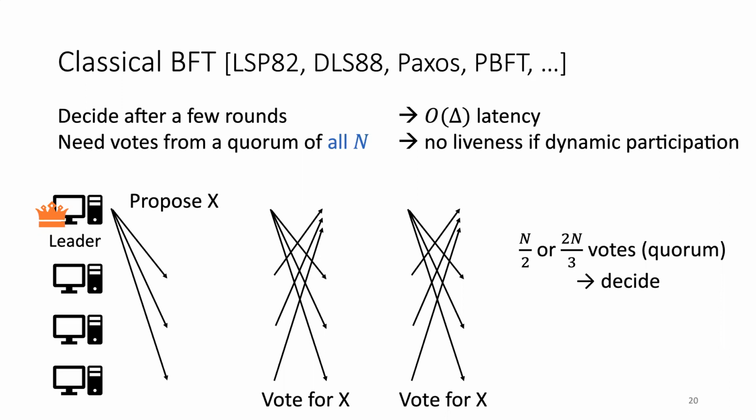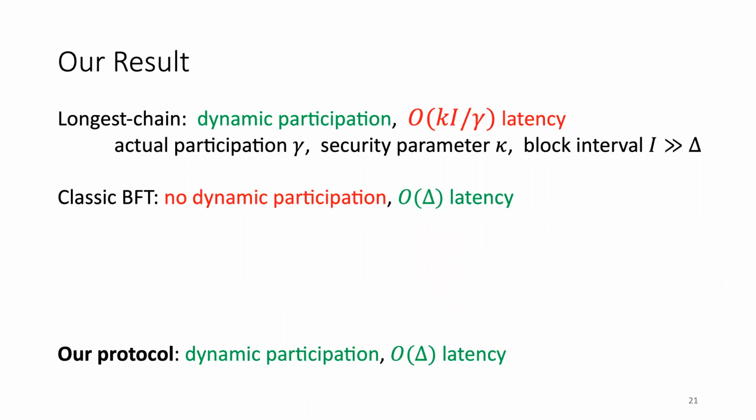And if suddenly half of the nodes leave the system, then the protocol will get stuck, and we will lose progress. So roughly speaking, we saw that longest chain protocol and classic BFT have these trade-offs, and we'll try to do the best of both worlds: support dynamic participation and get constant latency like the BFT protocols.